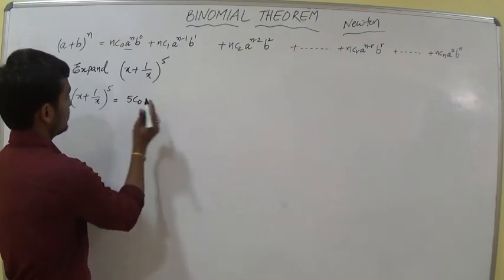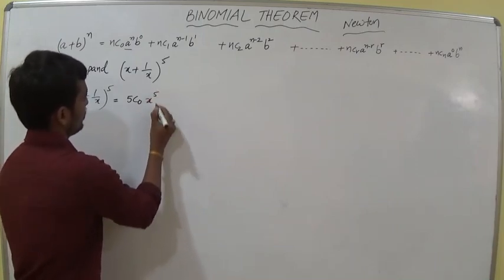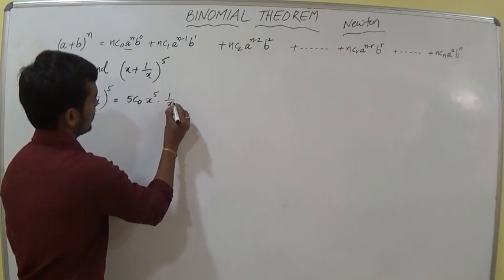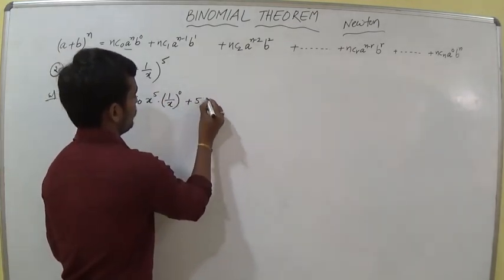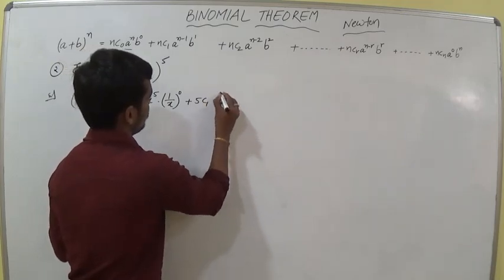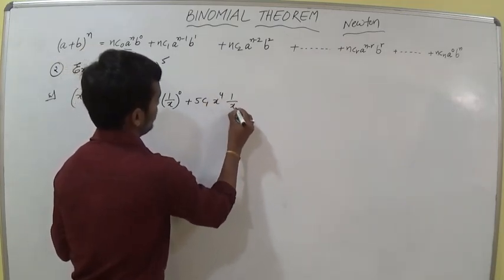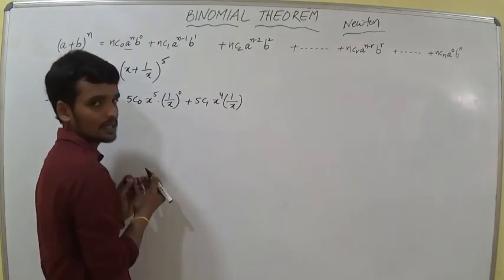Okay. 5C0 x to the power of 5 into (1/x) whole power 0, plus 5C1 x to the power of 4 (1/x). Is this right?